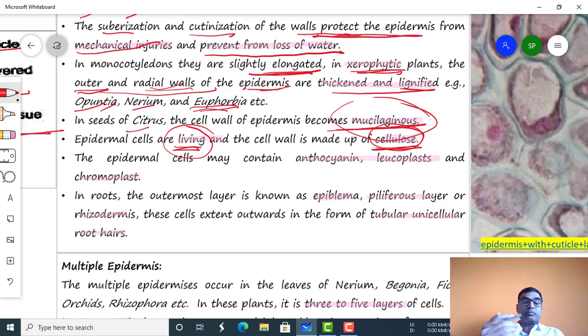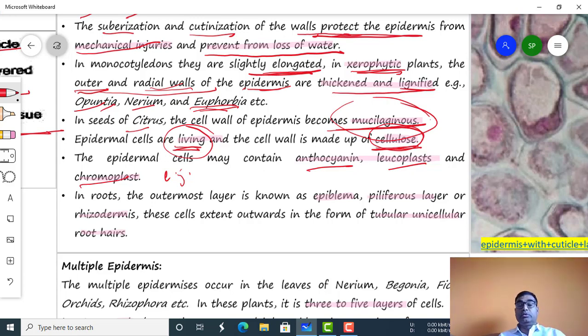Along with chloroplast or chromoplast, certain other pigments are also present in the epidermal cells, like anthocyanin, leucoplast or chromoplast, which give color to that particular organ. For example, it may be present in the flower epidermis, the petiole epidermis, the leaf epidermis, or the stem epidermis, each showing different colors based on the species.